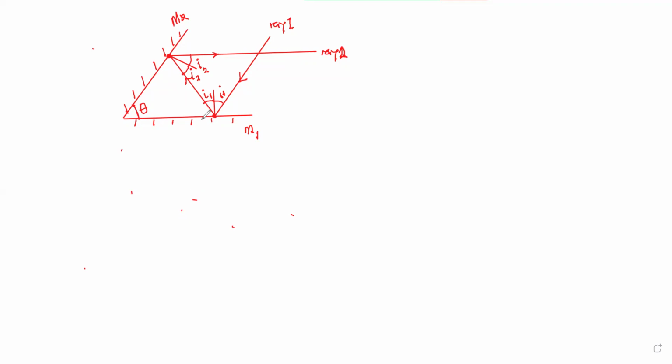Now this part of the angle, because the angle between the normal and the mirror is 90, will be equal to 90 minus I1. This angle would also be equal to 90 minus I2. We are just applying the laws.